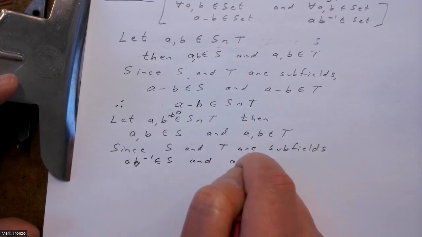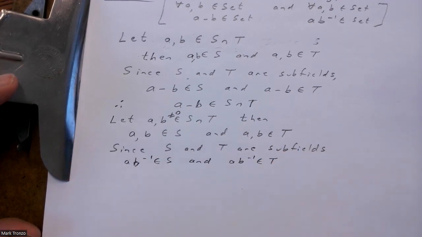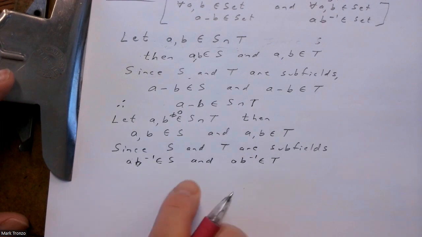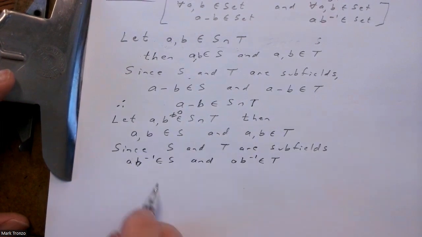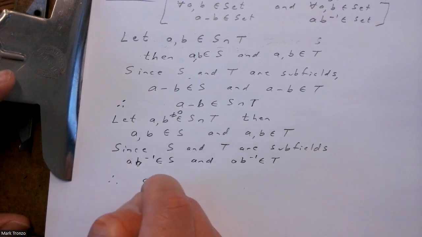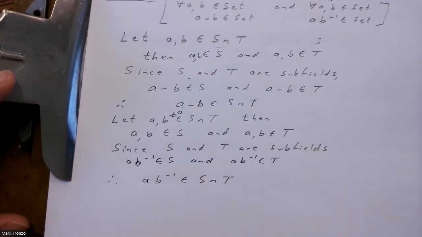So A B inverse is in S, and A B inverse is in T. Since this is in S and this is in T, therefore A B inverse is in this intersection.